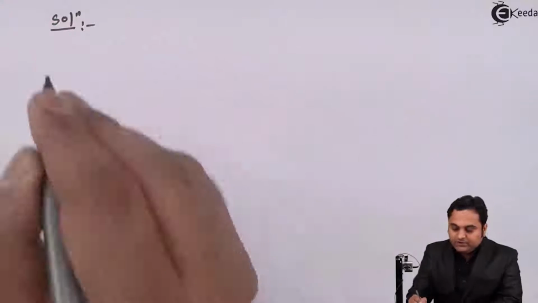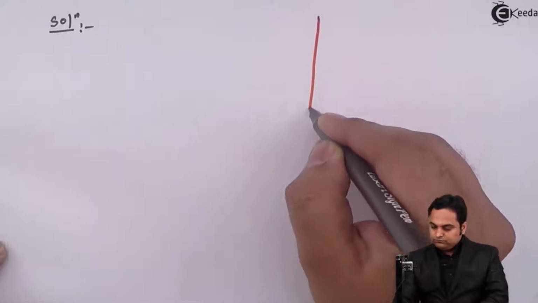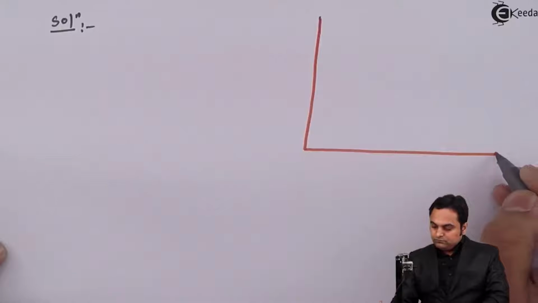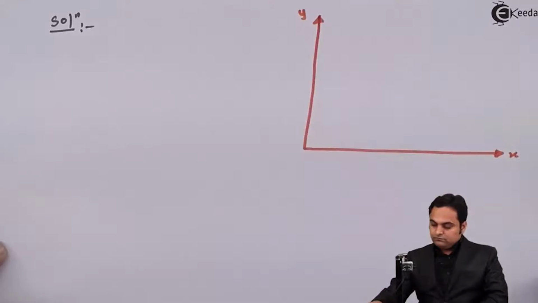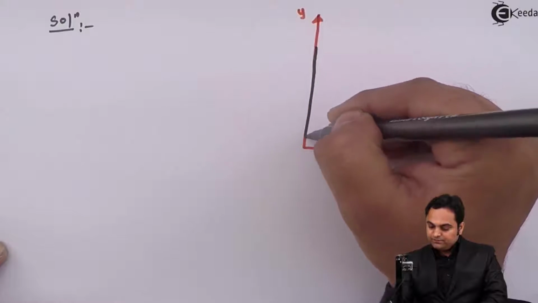Now in the solution part, the first thing is to draw the diagram. Here there is a square section given.